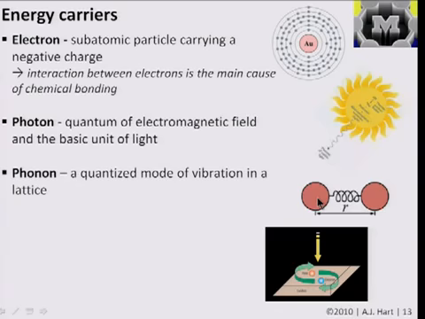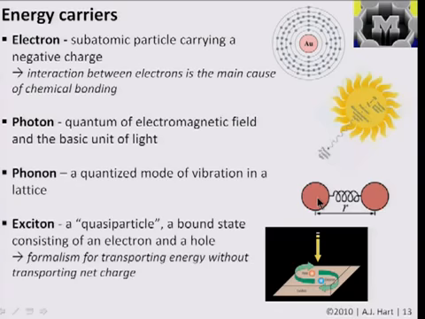And the last energy carrier that we'll talk about is sort of just a formalism. It's not really a carrier on its own, and that's what's called an exciton. And the reason it's called a quasi-particle is because it's not really a particle, but it's talked of as a state consisting of both an electron and a hole.